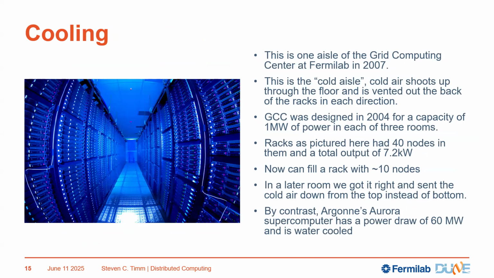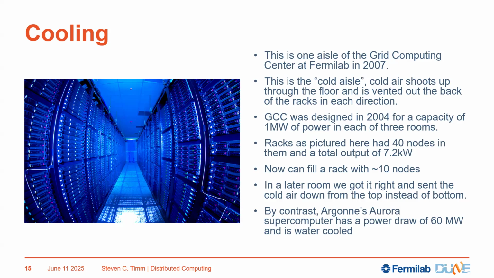So, cooling. This is one aisle of the Grid Computing Center at Fermilab when it was new in 2007, or the second room of that center when it opened. At the time, I think most of those nodes came from Dell. You see there's a grating in the floor there. So there was forced air under the floor. The cold air is shooting up out of the floor, being sucked in the fans of the things and being vented out to what's called the hot aisle.